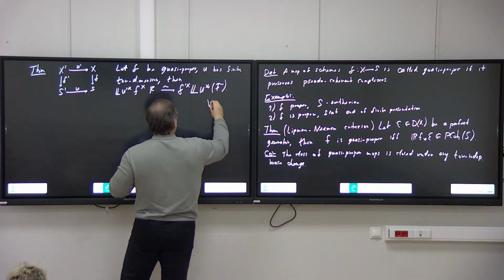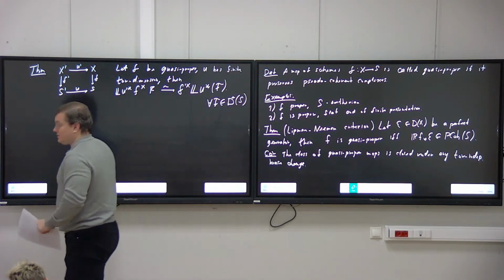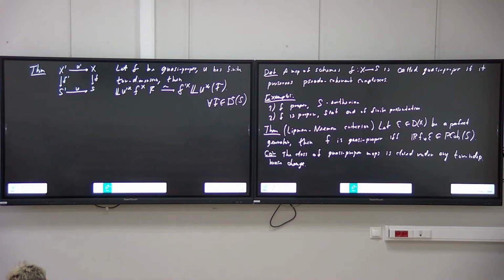And that is true for any F in the D plus of S. Notice the assumption about the D plus, and you cannot drop this. I think there are counterexamples. If D is unbounded, then this is not even true if you use just an open inclusion.